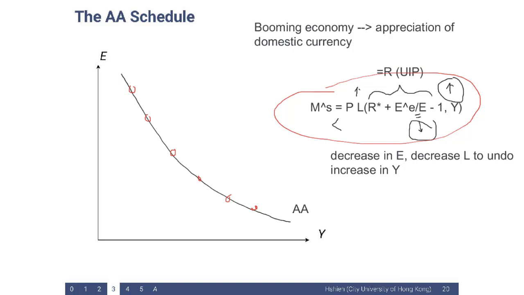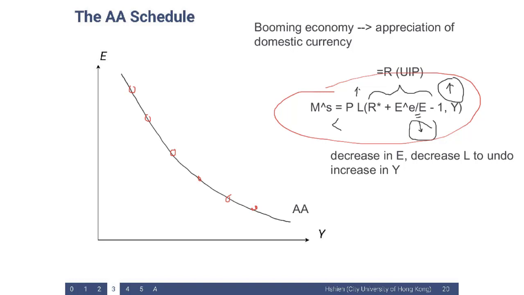Let's call that the AA schedule. And just like the DD schedule, this line is a representation of equilibrium. Different types of equilibriums for different combinations of E and Y. That's why it's called a schedule, right? Because we're looking at different combinations of E and Y that allow the market to clear in the asset market, either FX or money market.